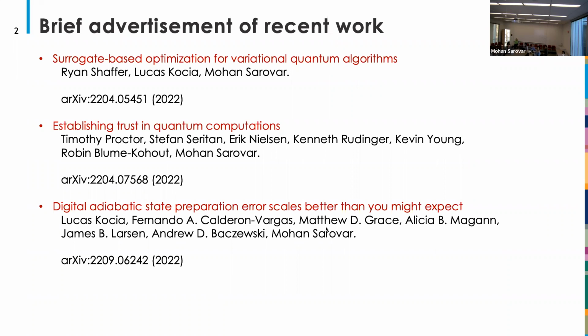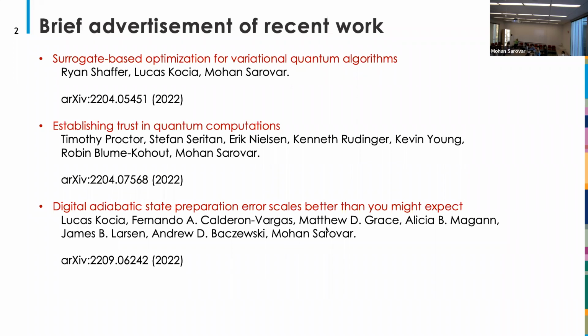So as I said, these are three papers we put out recently. The first is focused on new methods of doing optimization for variational quantum algorithms. The second is focused on, as the title says, establishing trust in quantum computation. So when you have a non-fault tolerant device, or even a fault tolerant device, how do you establish some trust in its output?